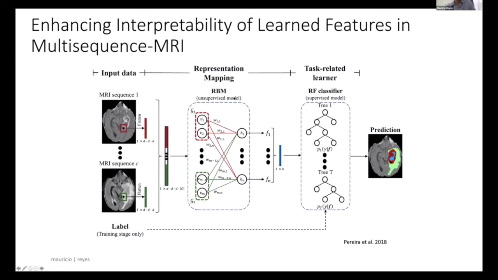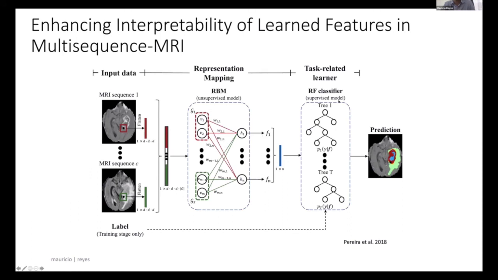where we describe an interpretability approach, where first we use representation mapping. This is a Boltzmann machine, which is nothing else than a compact representation of the inputs. Here you have the different sequences, all concatenated to describe all information into one descriptor.